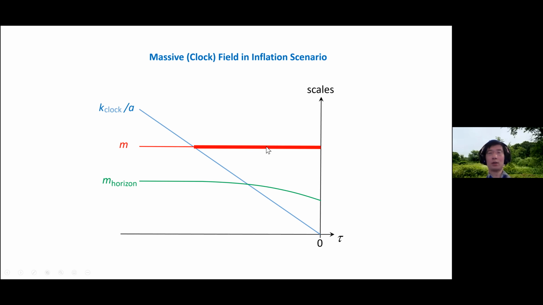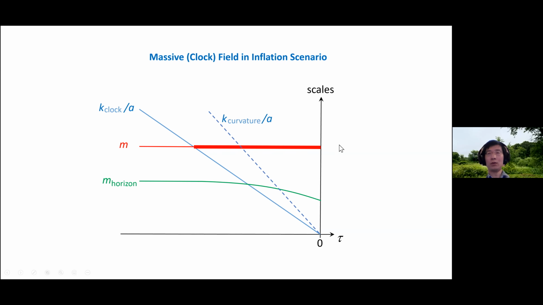As you can see, the two different requirements require the red line to be larger than the green line and the blue line. So indeed, for inflation, we will find such a regime right here, as indicated by the bold red line. Once you have this, the reason that we can use it as a standard clock becomes more clear, because if you look at the curvature field, here it's the inflaton.